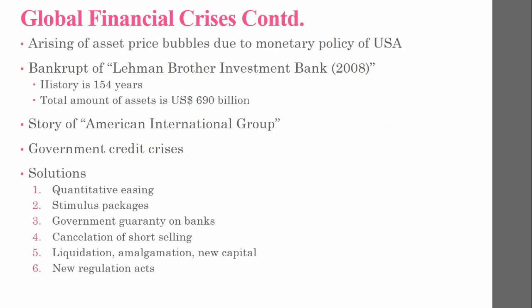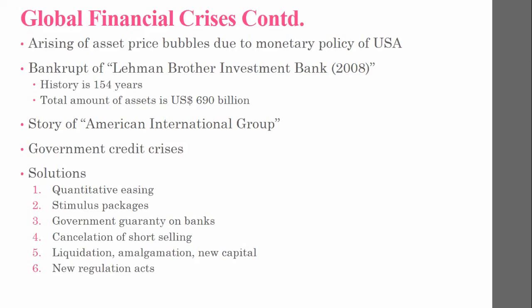And the solution. What are the solutions that the Federal Reserve Bank, the central bank of the USA, and the government took as a curing method for this global financial crisis? Mainly, they injected money through quantitative easing and stimulus packages. They injected a huge amount of money to help troubled banks and financial institutions, systemically important banks like American International Group and JP Morgan.